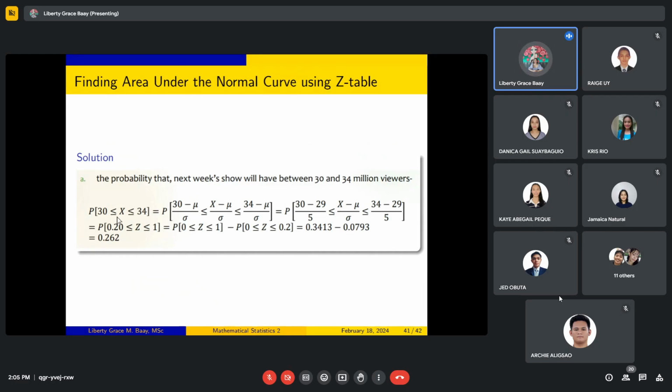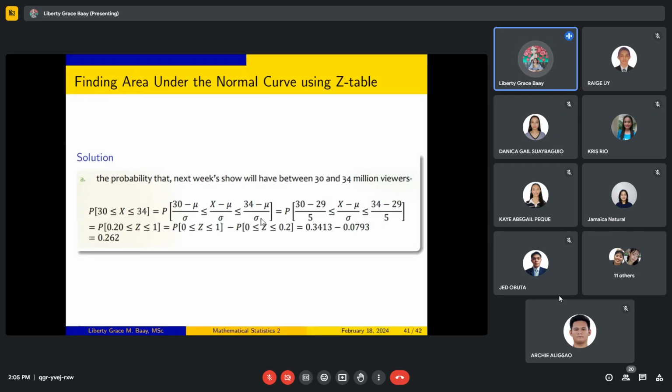So x minus mu divided by sigma is between 30 minus mu over sigma on the left side, where our x is 30, and 34 minus mu over sigma on the right side, where our x is 34.